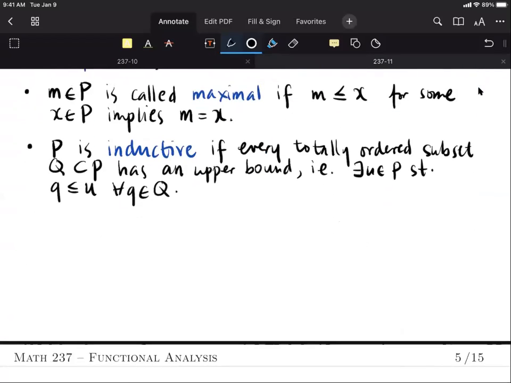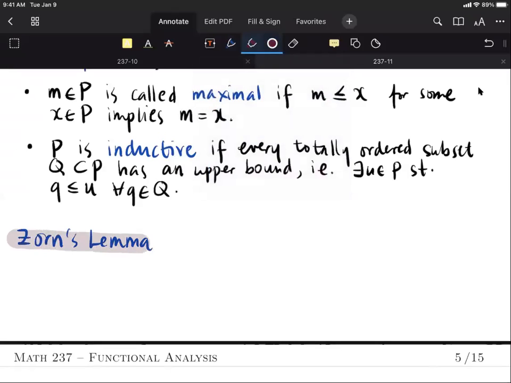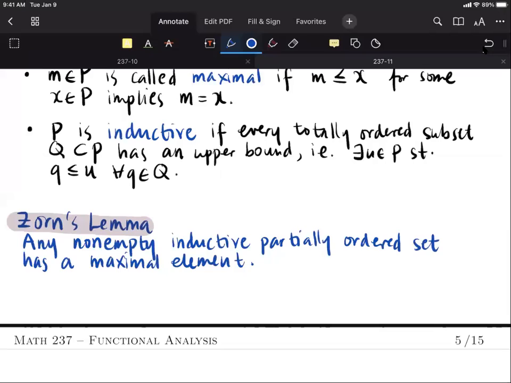Based on this, we can now state Zorn's lemma. So this lemma states that any non-empty inductive partially ordered set has a maximal element. Well, it is known, but we will not prove this.